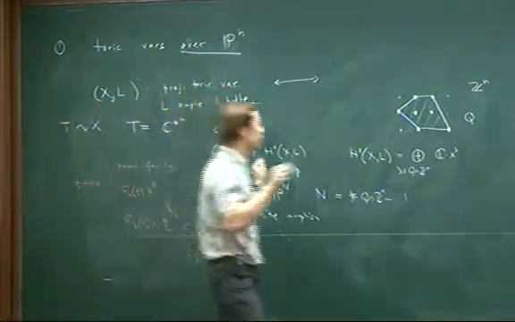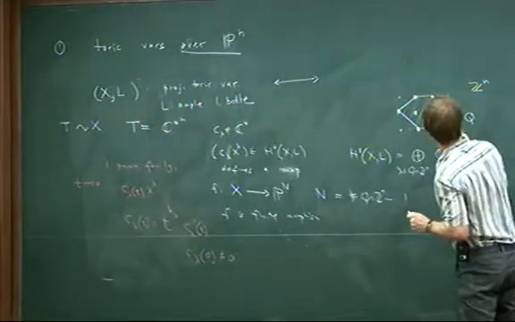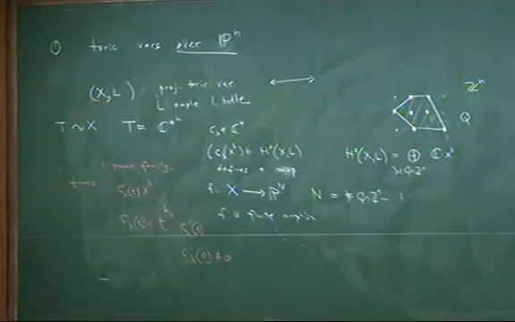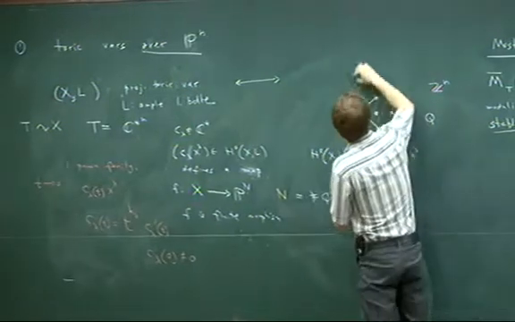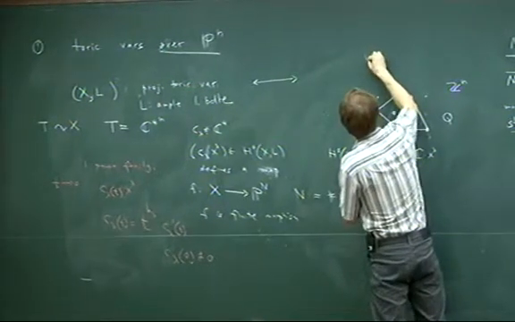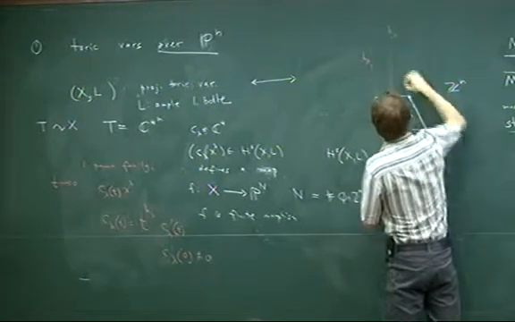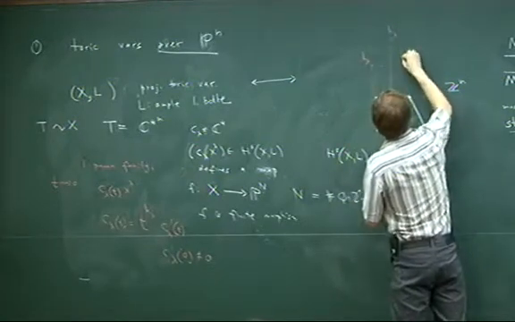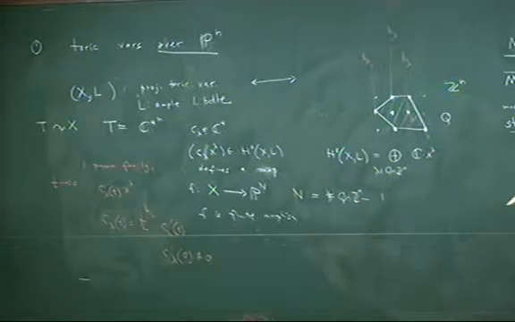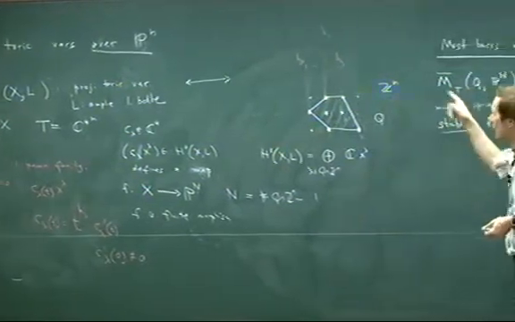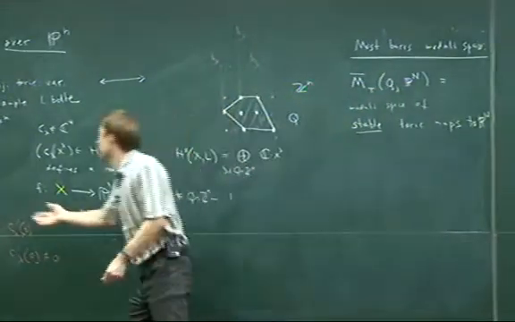And so what that tells me is that for each of these integral points lambda, I have a height, which I denoted by this h lambda. So I have a height function.